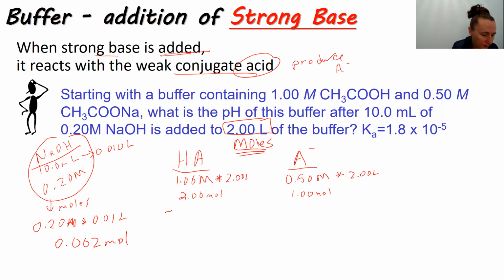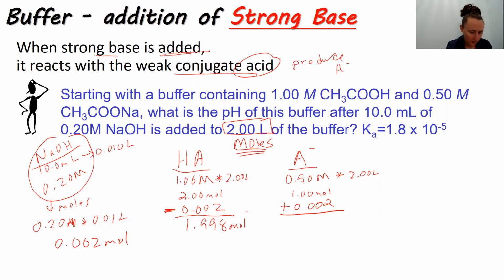So we are going to use up our conjugate acid and produce that same number of moles of conjugate base. So we get 1.998 moles and 1.002 moles.